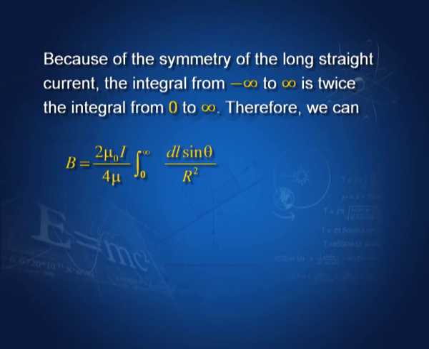So, we use now the Biot-Savart's law and find the magnetic field. Using whatever I have explained, dB is given by mu 0 by 4 pi I dl sin theta by R squared. Remember that the wire is infinitely long.